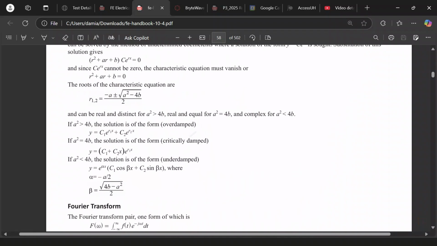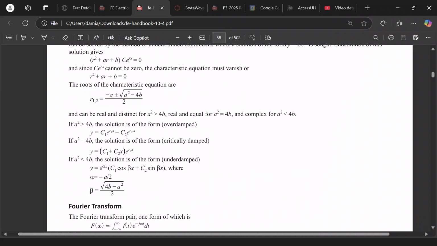This is telling us here that if a squared is greater than 4b, the solution is of the form of this, and it's overdamped. What we notice here is the complex. When the solution is complex, if a squared is less than 4b, the solution is underdamped.